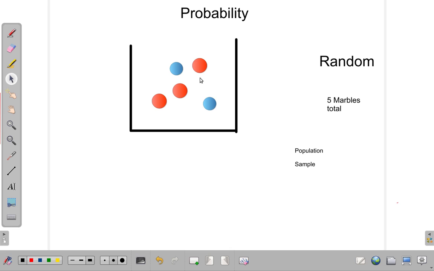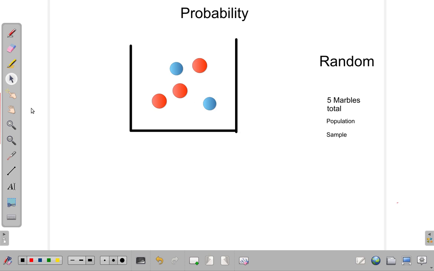Now, when you pick one of these, you say you sampled one. If you pick 2, you say you sampled 2. The population here would be 5. And when you pick one, the sample you're looking at is 1. All right.